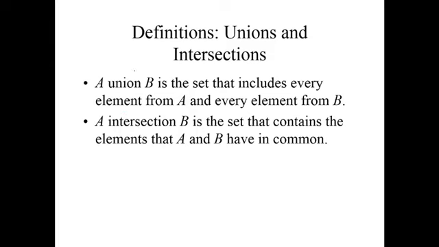I want to talk now about the definitions, simple set theory, unions and intersections. A union B is the set that includes every element of A and every element from B. A intersection B is the set that contains elements that A and B have in common.